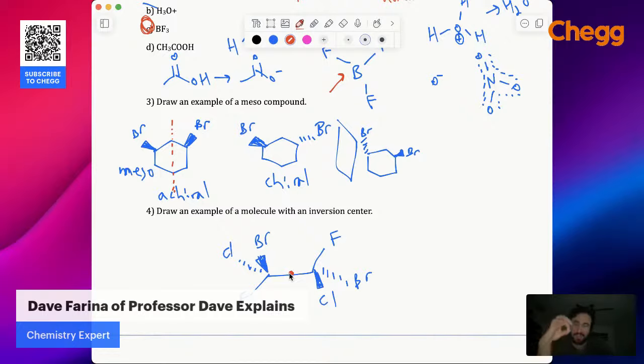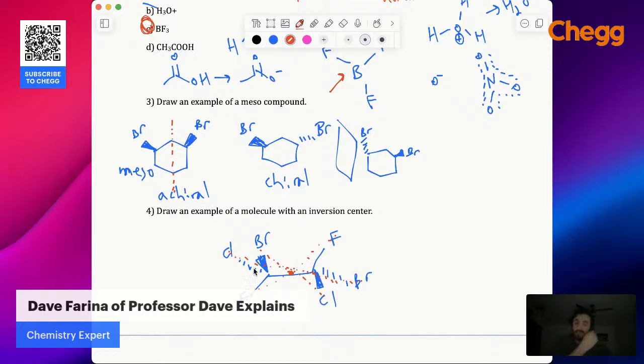So instead of an internal plane of symmetry, an inversion center is a point of symmetry. If you reflect every atom across the central point of this molecule, it will see itself. So fluorine sees itself right there. Bromine is coming towards us, so it travels backwards through the center of the molecule and then farther backwards to hit the other bromine on the dash, which is farther away from us than the screen. The chlorine is farther away from us than the screen, and then it travels towards the plane of the screen and then beyond, even more towards us, to the chlorine on the wedge bond.